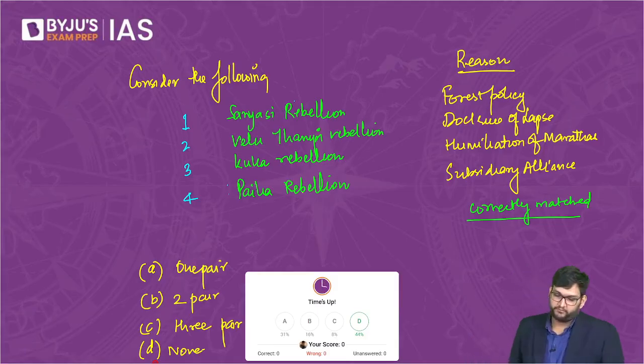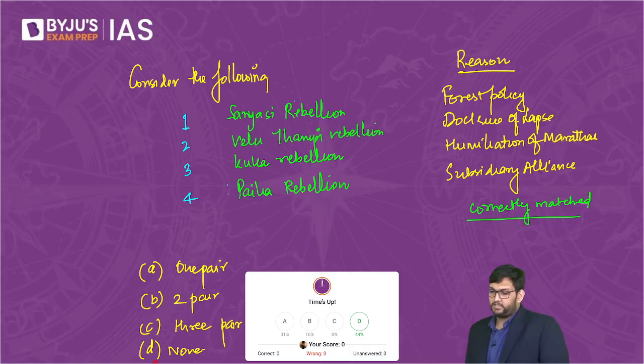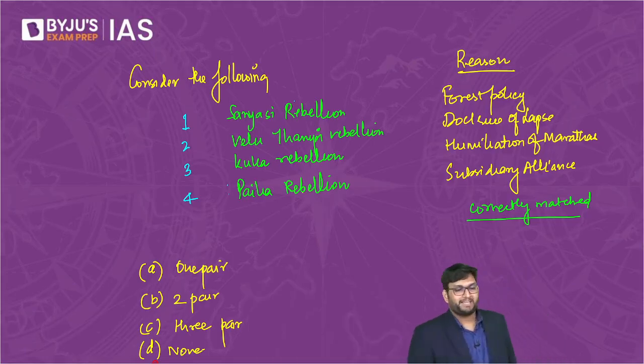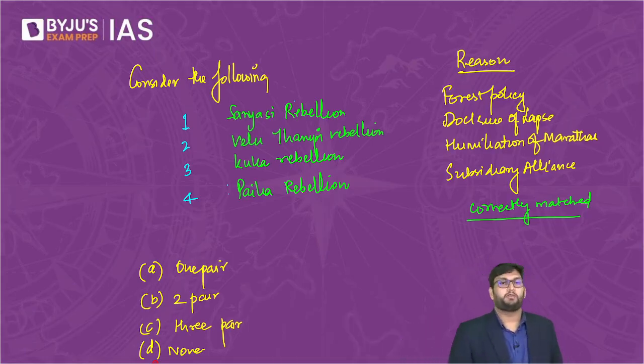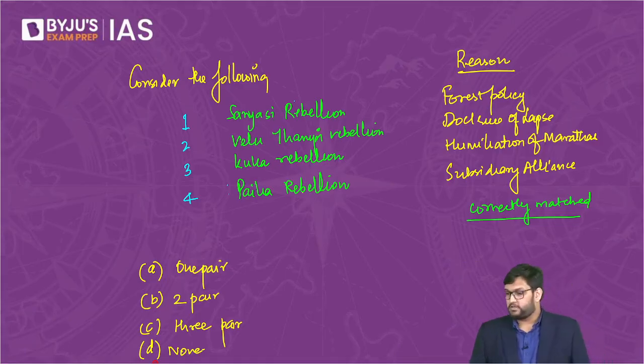Very good. 44% perfect. Kuka is not related to Marathas. Kuka is related to Sikhs. So perfect, 44.